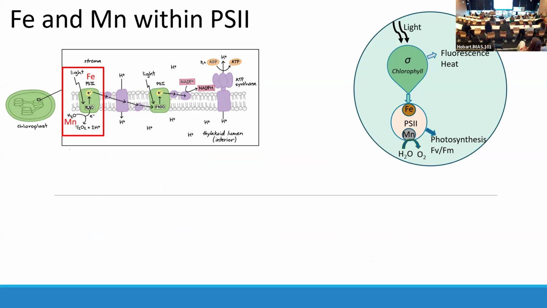And here, what you can see is that there's a direct interaction between light, iron, and manganese within the cell. When light hits this complex, it'll be received by the chlorophyll, which will be located on what I'm going to call the size antenna for the remainder of the talk. And then these photons will be channeled down to photosystem 2, which contains both iron and manganese.